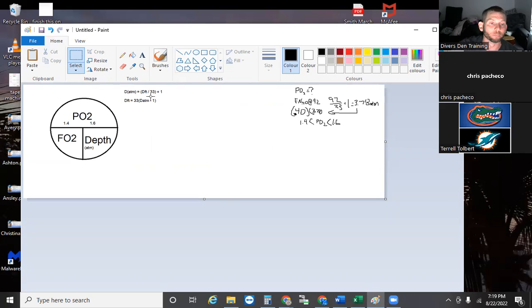So, anyways, now let's say I wanted to find my MOD. So we'll find MOD. I've got a PO2 I want to plan for, 1.4, and the gas I'm breathing is 38, 0.38.